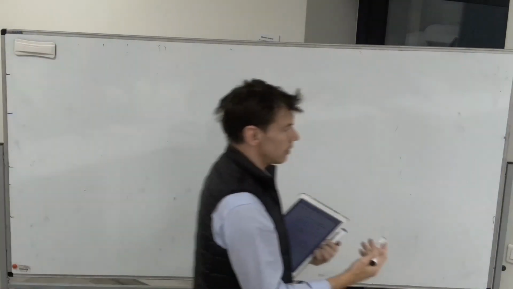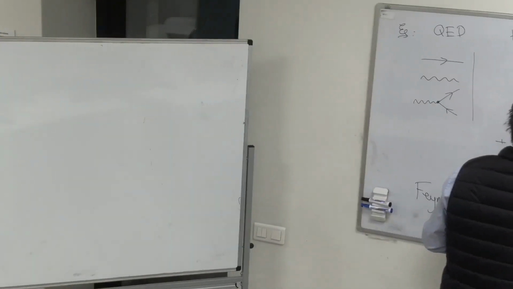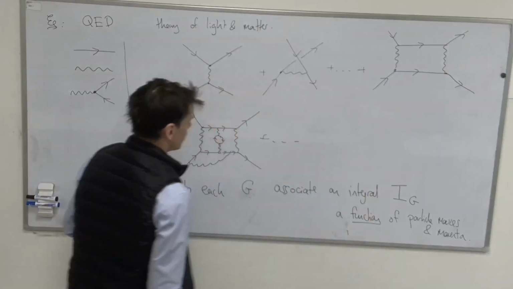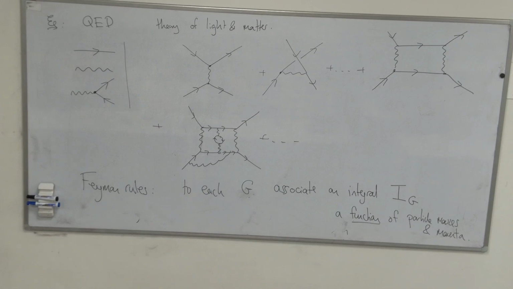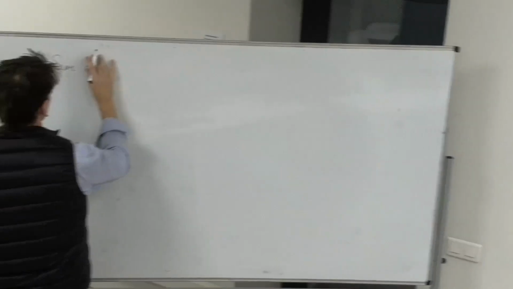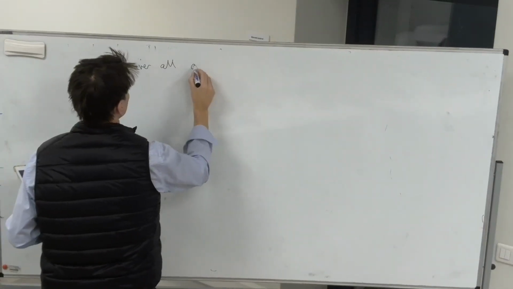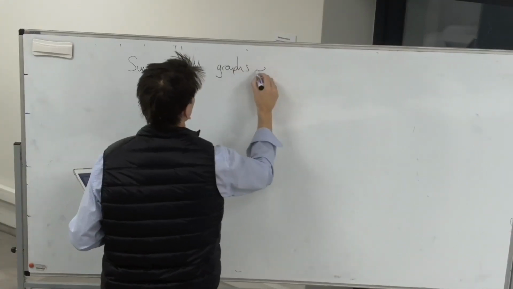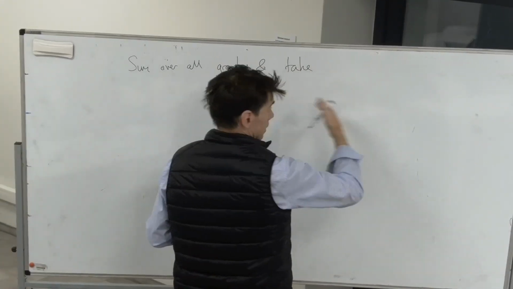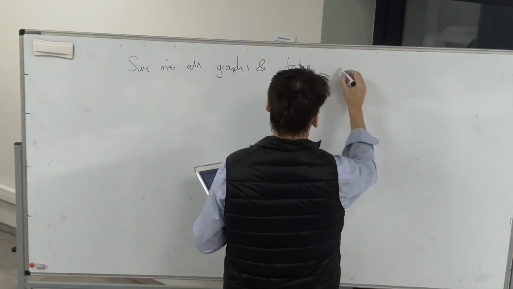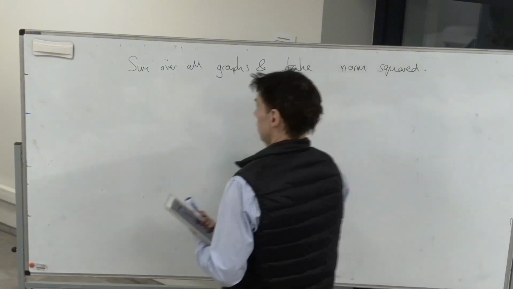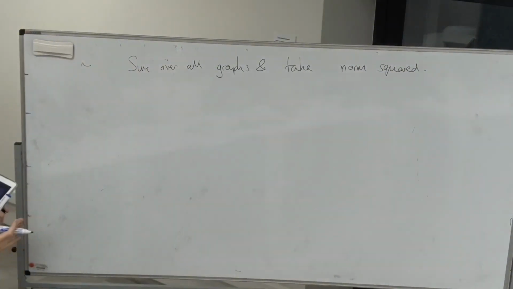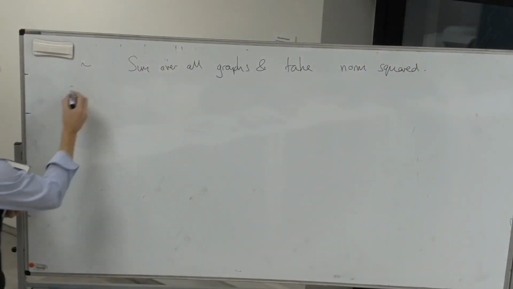So given our process here, two electron scattering, obviously we can't compute every single I_G, it would take infinite amounts of time, but we compute as far as we can. And ideally we would sum over all graphs. But obviously we have to stop at some point and take the sum of these integrals, that's a complex number, and we take the norm squared. And that gives us a real number, which is essentially the probability of observing this in experiment.